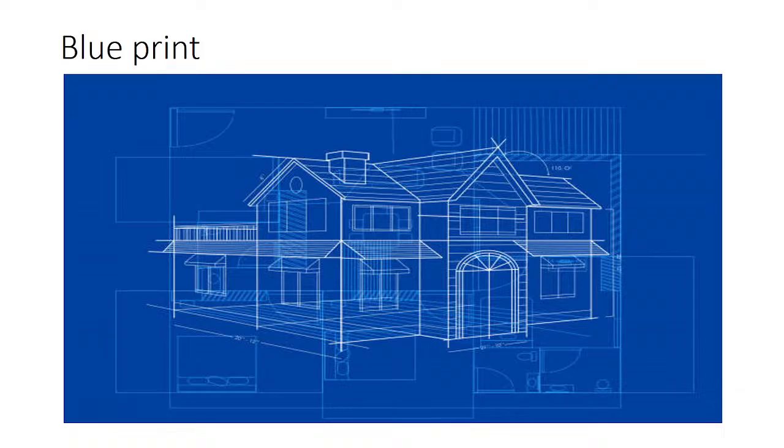What objects are available in the house? Some properties regarding that house are address, number of rooms, what is the color, year built. These all come under properties of the house. And behaviors, otherwise methods, what we can implement based on these methods.